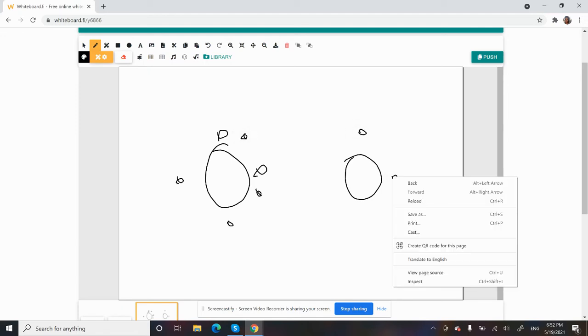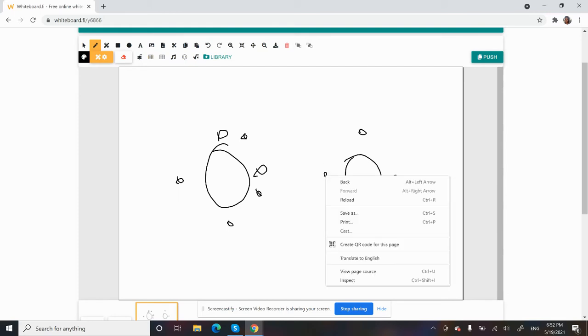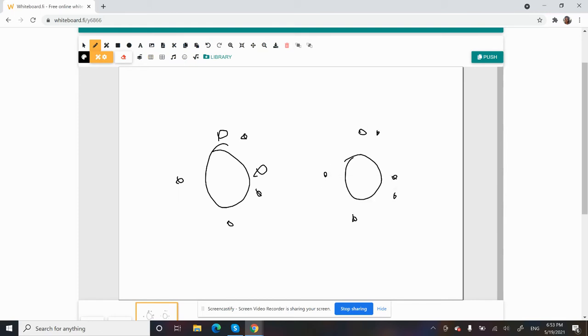All right, moving on to the next one, O2. They each have 6, so they're going to want to bond twice. So 2 bonds and then 4 non-bonding electrons on each.